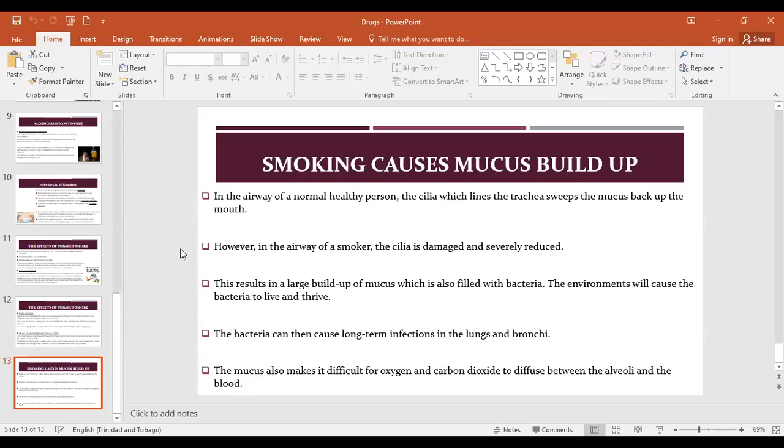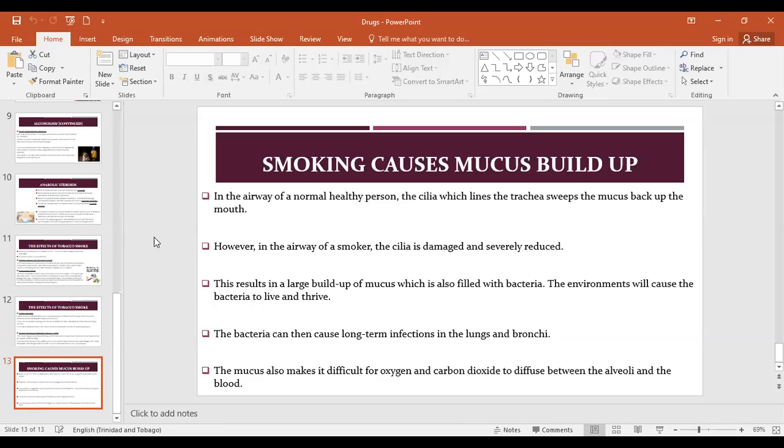Right, so smoking, in addition to all of that, and this is the final point in this slide, it will cause mucus buildup, right? So typically the cilia, which line your trachea, which is your windpipe, sweep mucus back up your mouth. This is a defense mechanism in your body.